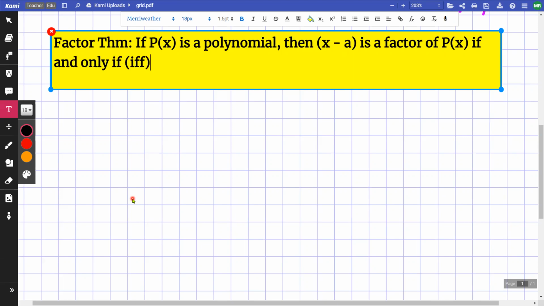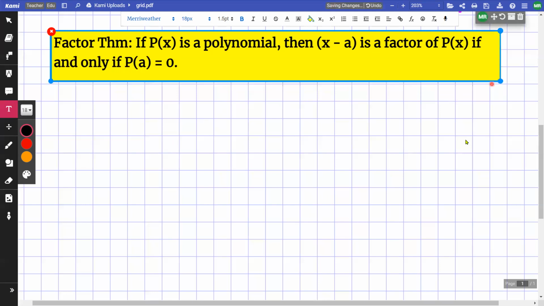Okay, that's if and only if. But in this situation, if and only if P of A is equal to 0.